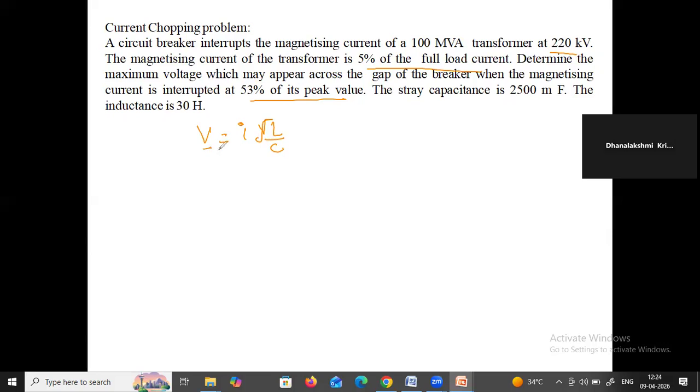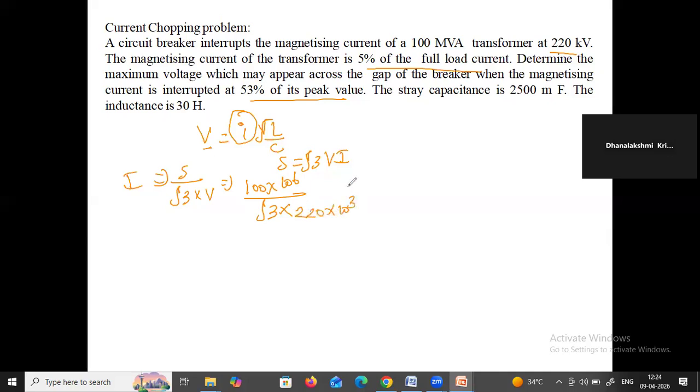So first we find the full load current of the transformer, which is S by root 3 into V, because S is equal to root 3 into V I. Here S is 100 MVA, so 100 into 10 power 6 by root 3 into 220 kV. Now we get 262.43 ampere.